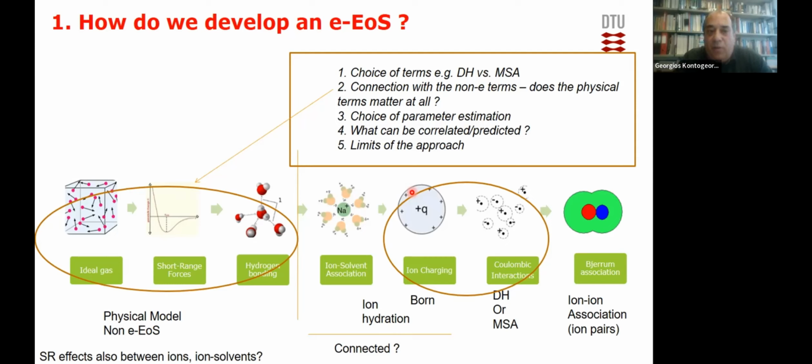The first question is, how do we develop an electrolyte equation of state? We need, of course, to add electrostatic contributions to a physical model, which could be a cubic or a SAFT type equation of state. And the electrostatic contributions must at least include the ion-ion interactions, for example, from the Debye-Hückel or the mean spherical approximation, but there may be other terms, such as the Born term for ion charging.